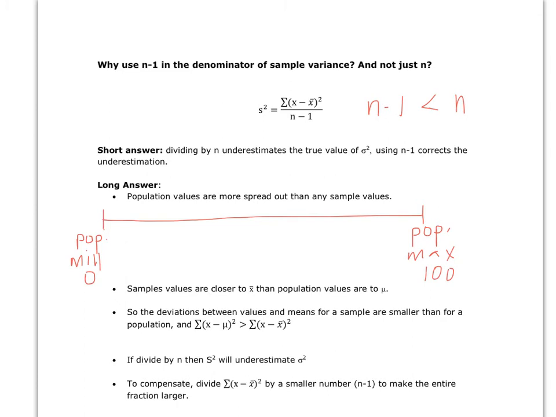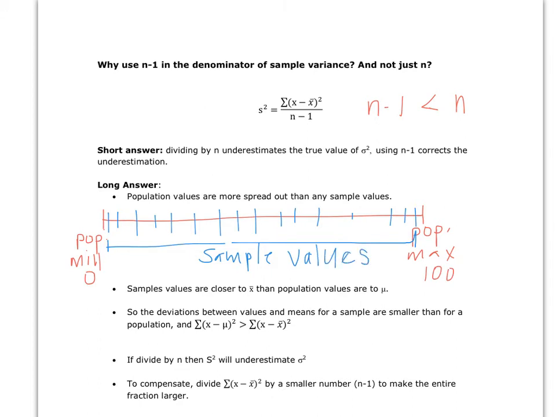Now, if we think about taking a sample, let's say these blue marks are values that we get between 0 and 100 for our sample. Well, it's unlikely that we're going to happen to pick the 0, the minimum value from the population, and the maximum. So you can see that the sample values are less spread out than the population values.